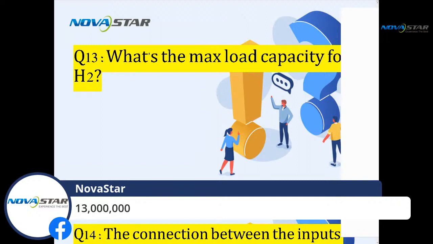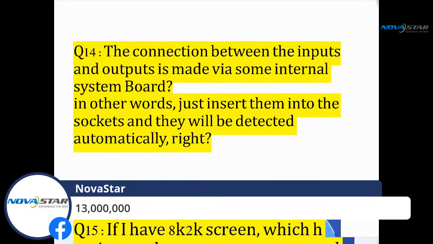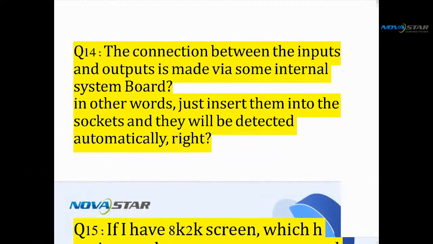Okay, for question 14, the connection between the input and the output is made via some internal system board. In other words, just insert them into the socket and they will be detected.